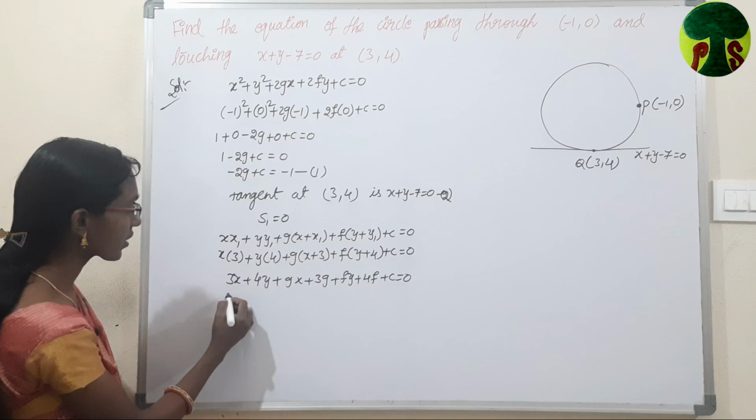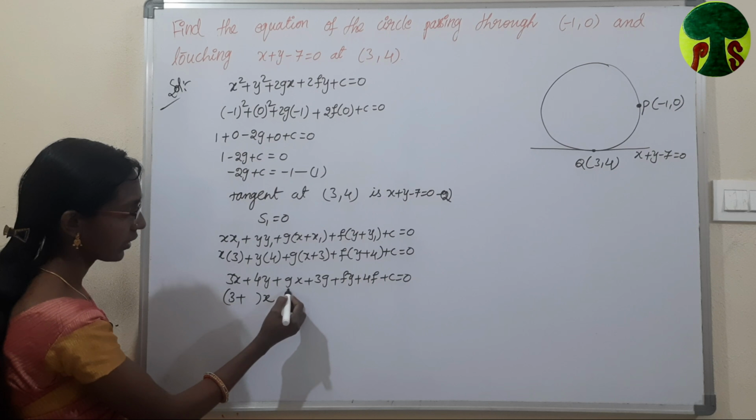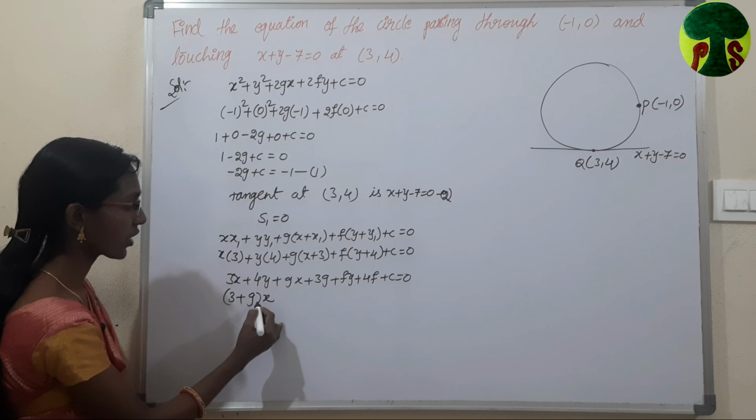First write the x terms, so I will take x common. Here we have 3 and here we have g, so 3 plus g into x. Then take y common, the coefficient of y, here we have 4 plus f. Now the constant term 3g plus 4f plus c equals 0. Let it be equation 3.